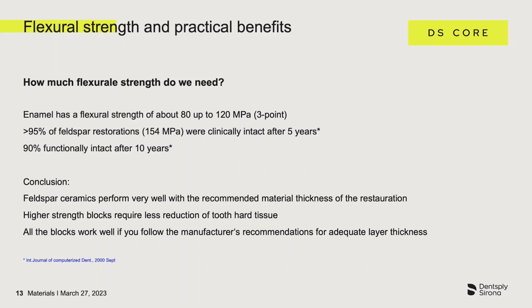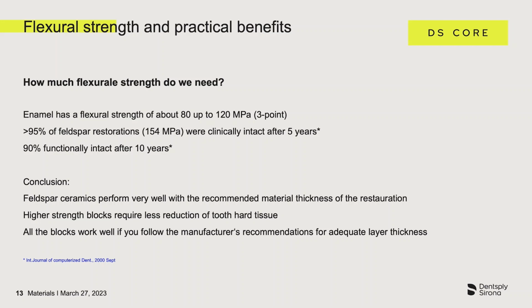That is around 150 megapascals. The conclusion from these figures shows us that feldspar ceramics work very well if the recommended material thickness of the restoration has been adhered to.